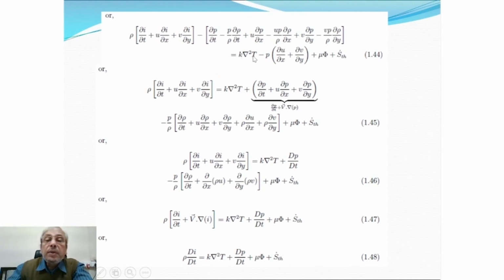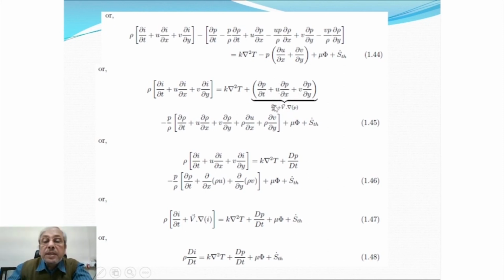So now we write rho del I del T plus U del I del X plus V del I del Y equal to K grad square T, and then transfer all these terms to the right hand side and rearrange them. In the right hand side, del P del T has come to the right hand side. We are bringing it here, and also U del P del X and V del P del Y. These three terms we put together, and this becomes the total derivative of pressure.